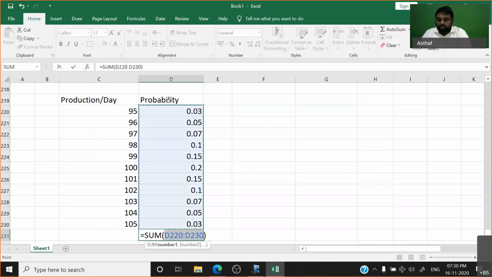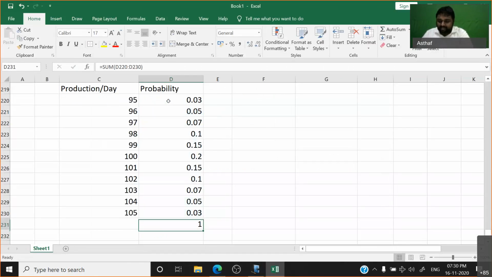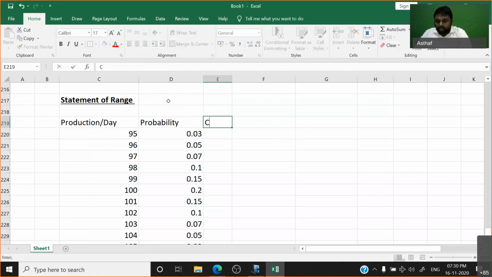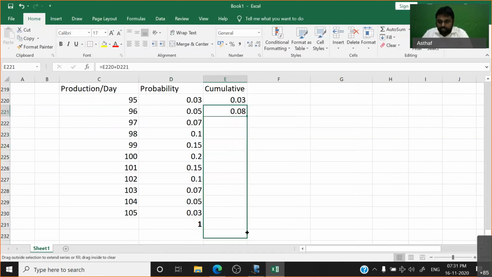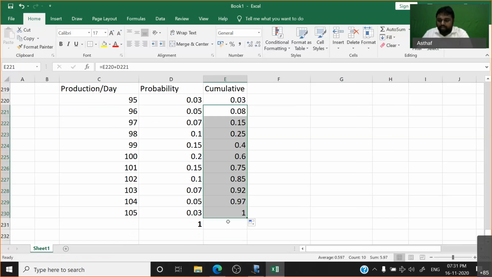See, the total of the probability has to be 1. So next take the cumulative. We get the cumulative.